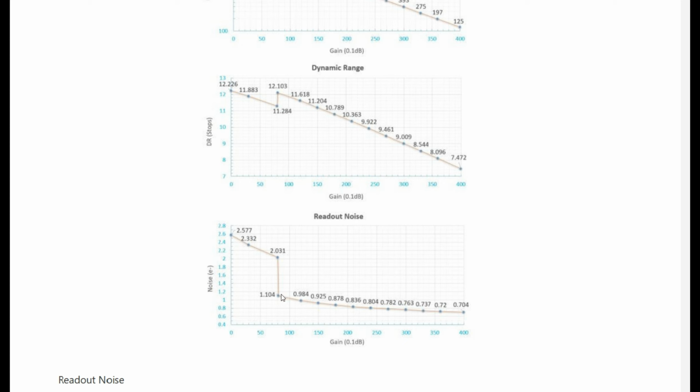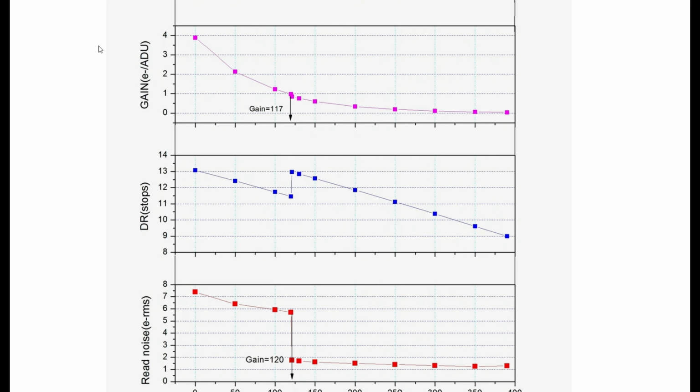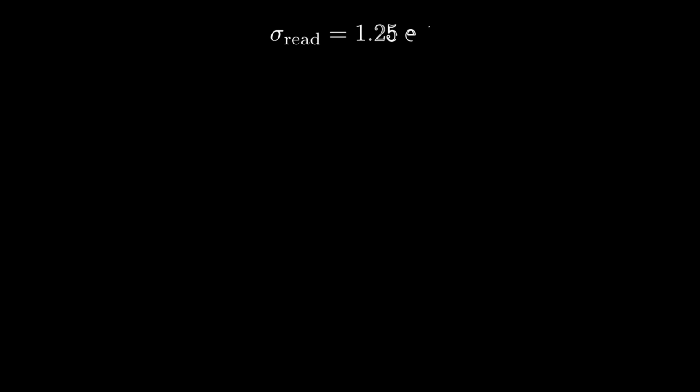A lot of them have a high gain setting, so depending on where you're imaging, you're probably going to be imaging here at the 1.1. This particular sensor has a read noise of like 1.25 or a little more. This one is closer to 2. So in the rest of the discussion, I'm going to be utilizing 1.25 as a read noise average for a realistic modern sensor. So we have our read noise of 1.25 electrons.